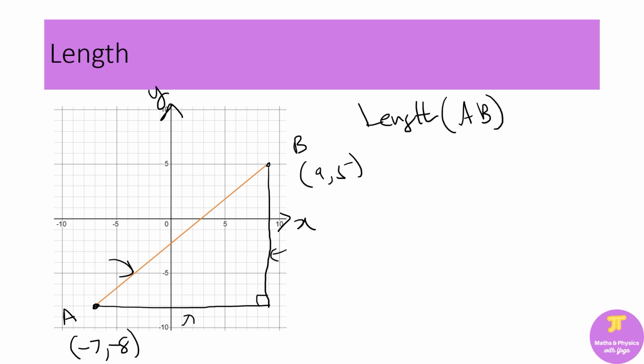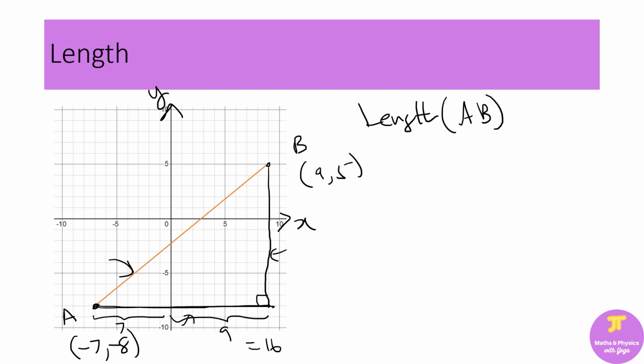What is the length of this one? From here to here is 7 units, and from here to here is 9 units. So the length of one side is 16.